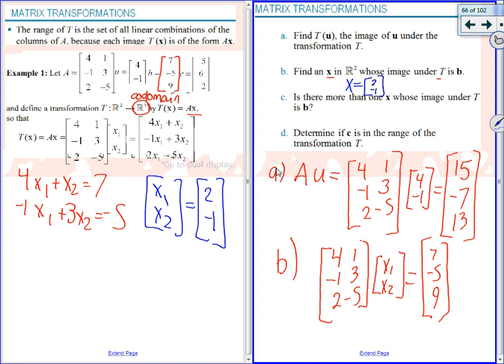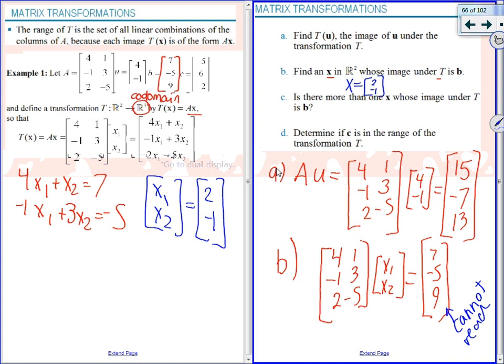If that was true, that means that you have an inconsistent system, and as long as you didn't make an error somewhere, you cannot reach that vector with a linear combination of these two vectors. Meaning this is not in the range of those two vectors.